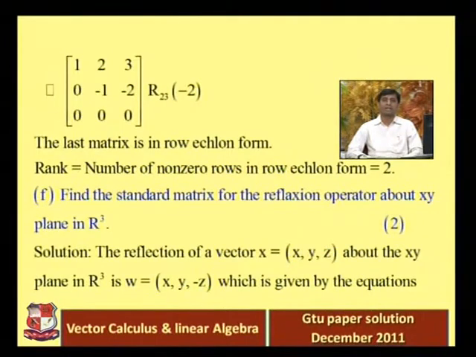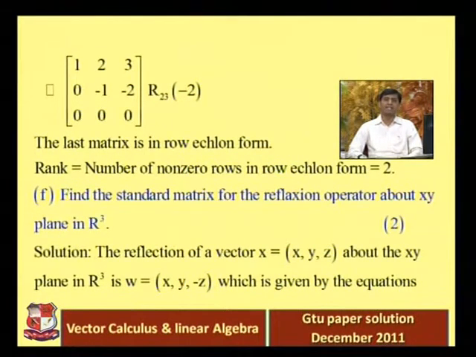Find the standard matrix for the reflection operator about the xy plane in R3. Now the reflection of a vector x = (x, y, z) about the xy plane in R3 is w = (x, y, -z).